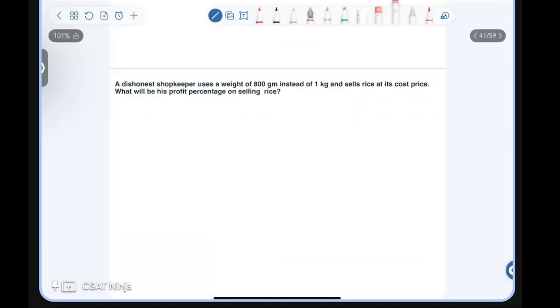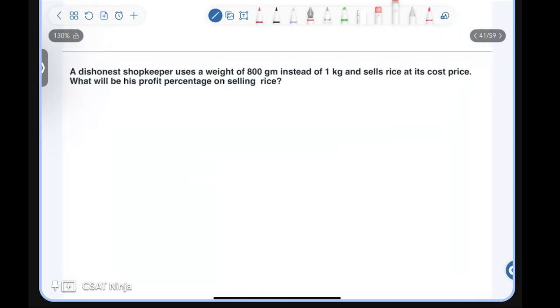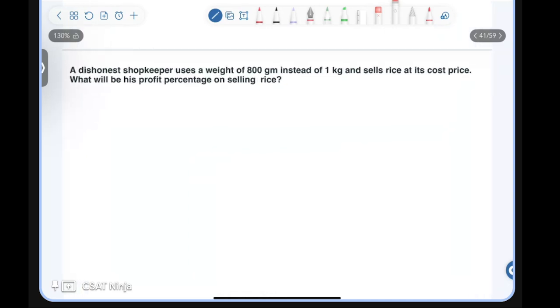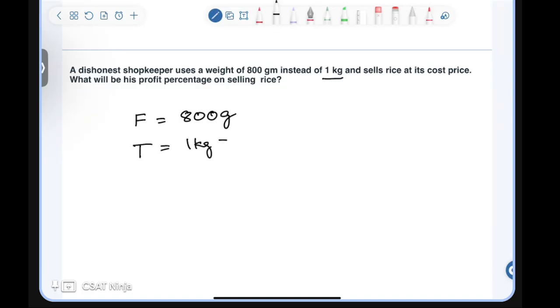Now let's try a question. You will understand better now. A dishonest shopkeeper uses a weight of 800 gram. Dishonest shopkeeper means this is a false weight. False weight here is 800 gram instead of 1 kg. That means the true weight here was 1 kg, which is 1000 gram.